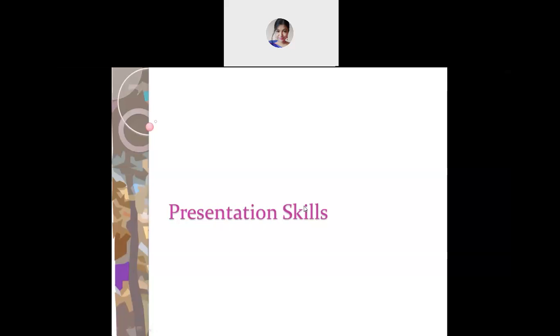First of all, the structure of your presentation is very important. The structure of your presentation, the design of your slides, the content that you are presenting. These things are very important. Whenever you are asked to make a PPT, a PowerPoint presentation, you have to take care of its structure, design, and content.